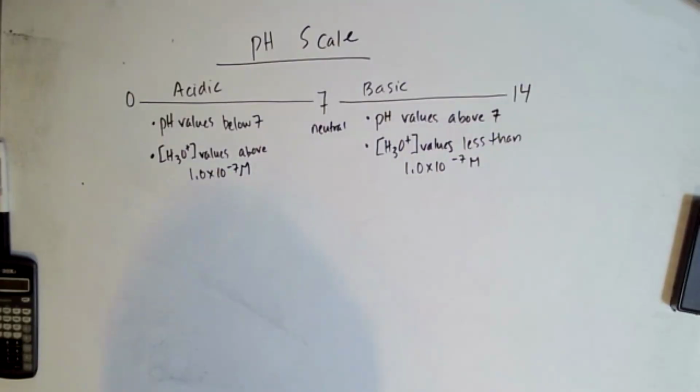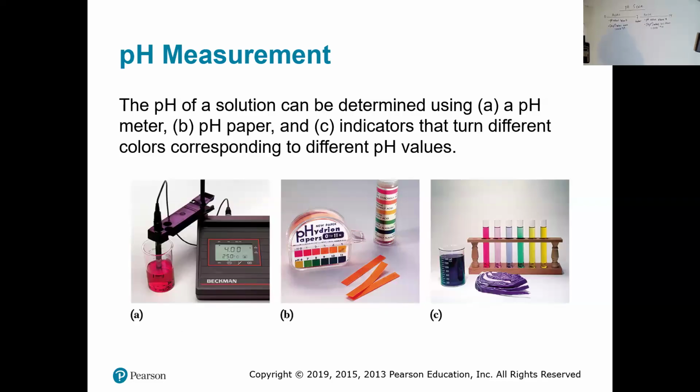Now we have different methods to measure pH. We want to look at a few of those. Let me bring up the slide for that. There are what are called pH meters, which is what you have here, where you can put the electrode into a solution and you'll get a pH reading back from that.